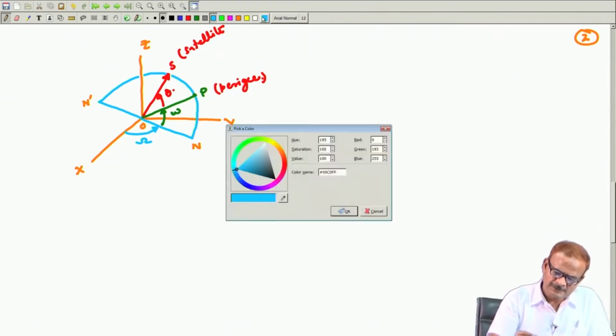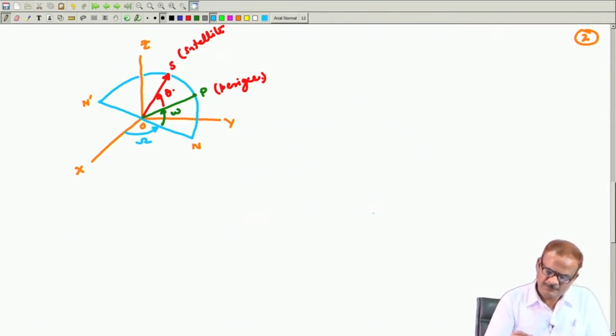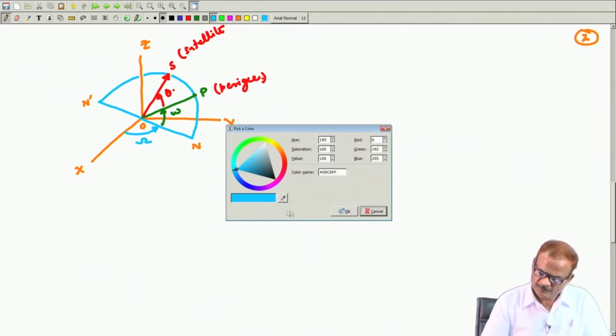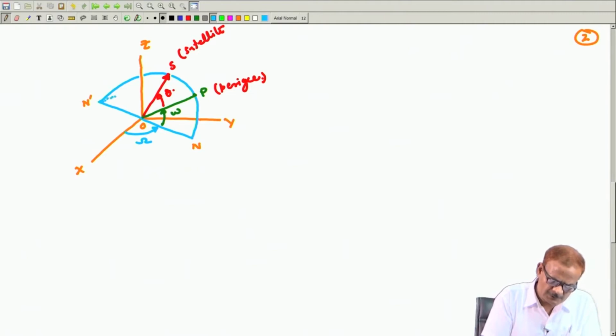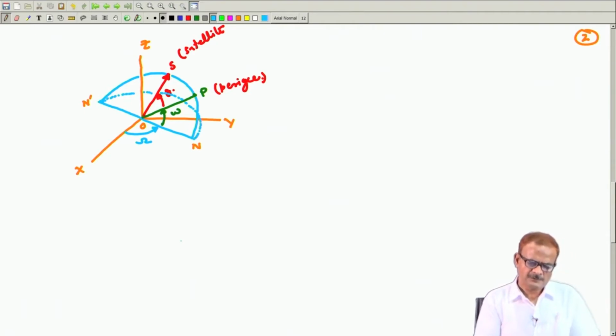So, we can show the projection of this orbit on the xy plane like this. So, this is the projection of the orbit on the xy plane.